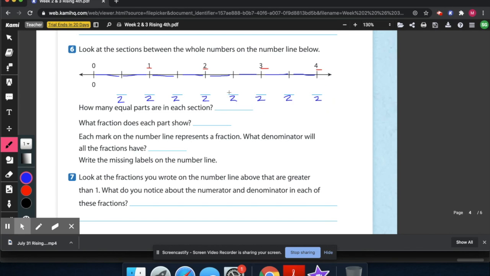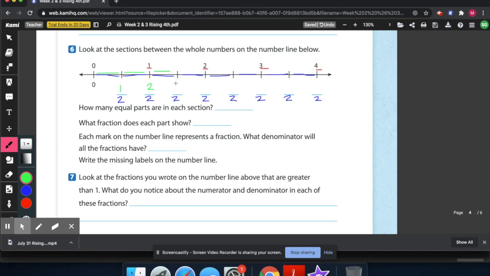And just like before, we start counting one by one by one. So we have 1, so that's half, which is correct. And then we have 2. And remember, if the numerator and the denominator are the same, that means it is a whole number. So we're going to keep going.